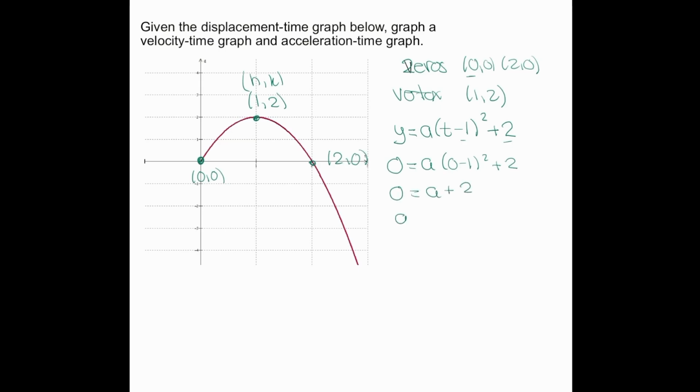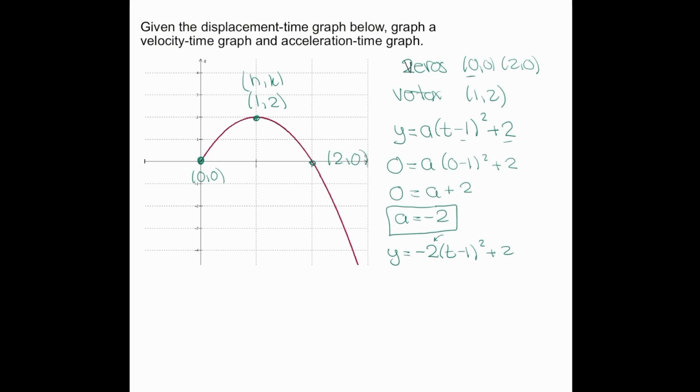So my a value is going to be equal to negative 2. Now I have all the information that I need to create this equation. So my equation ends up being y is equal to negative 2 times (t minus 1) squared plus 2. This negative 2 makes sense because it's opening downward. The plus 2 makes sense because it's shifted up.